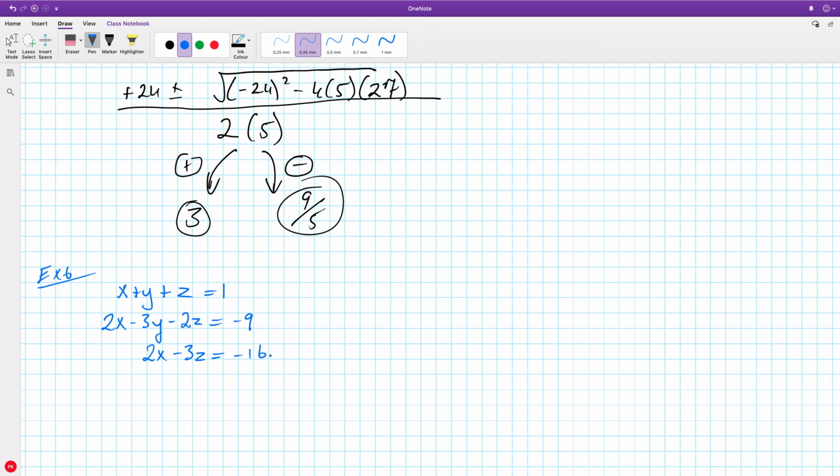Take 1 and 2, knock out the y's, and do a simultaneous equation with your new one and this.